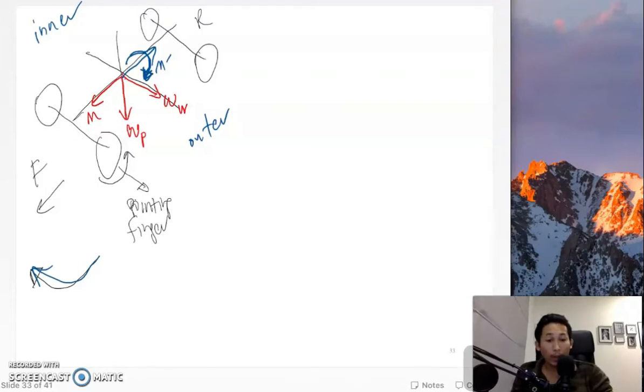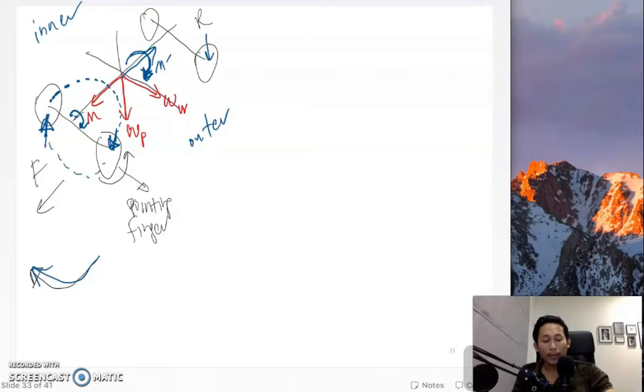and that will act on the front wheels. So we look at this one. The action of the couple will press the outer wheel down, and will lift up the inner wheel. The same goes for the back.